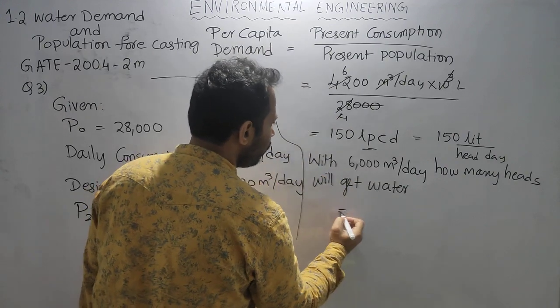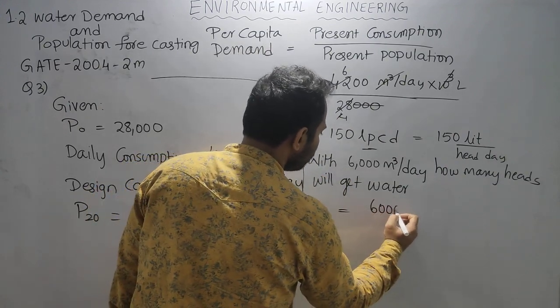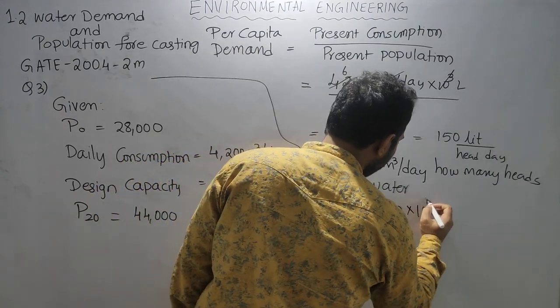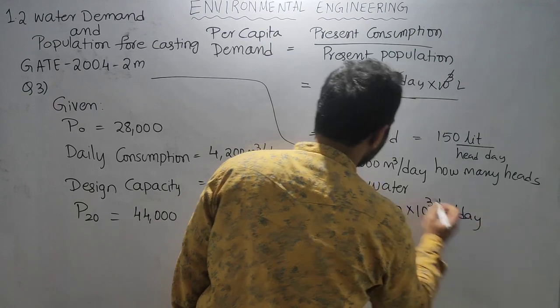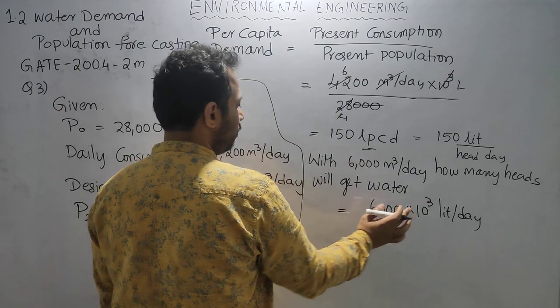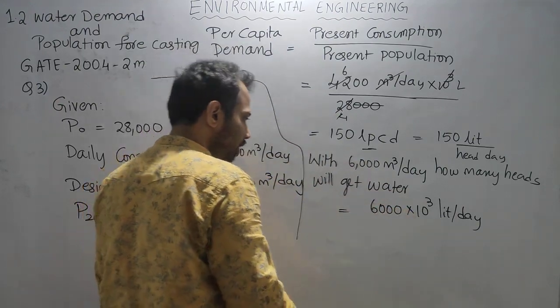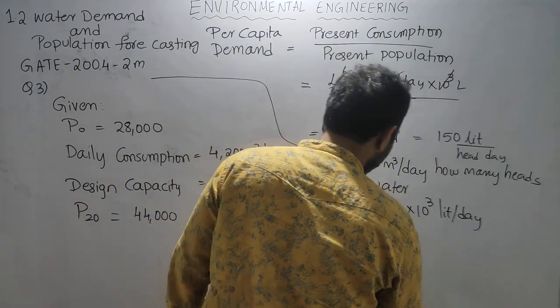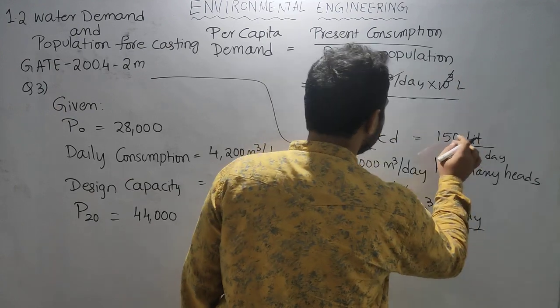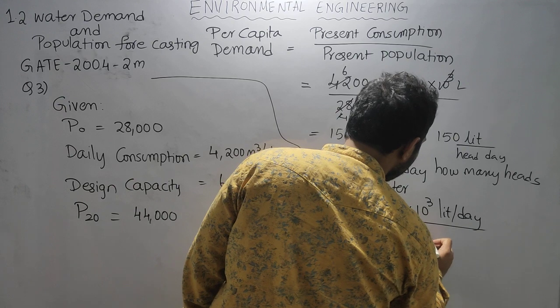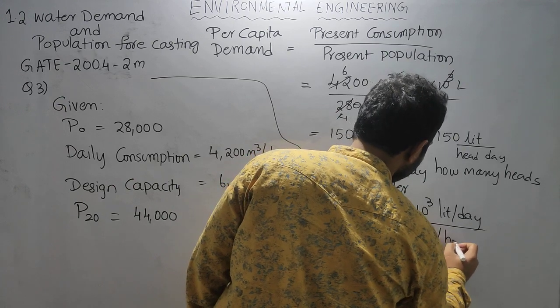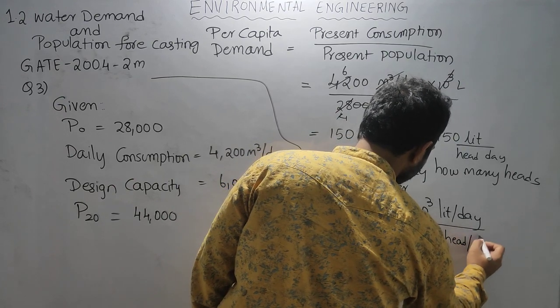So that means it is equal to 6,000 into 10 to the power of 3 liter per day. So I have converted this meter cube into liter, so I have multiplied it with 10 to the power of 3. So 10 power 3 liter per day by, this is the per capita demand, 150 liter per head per day.